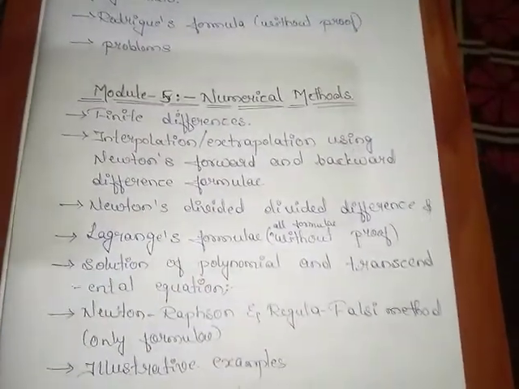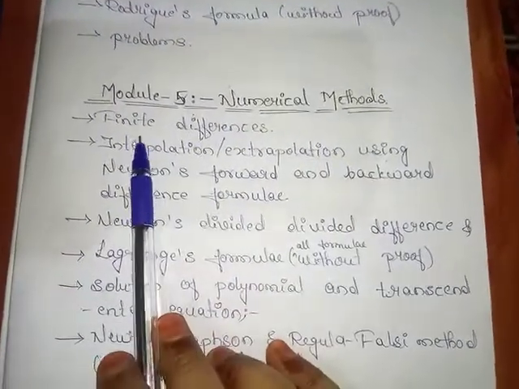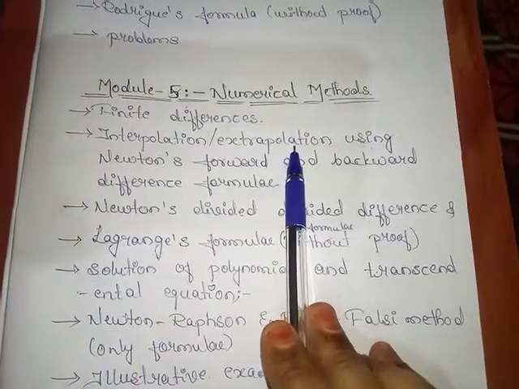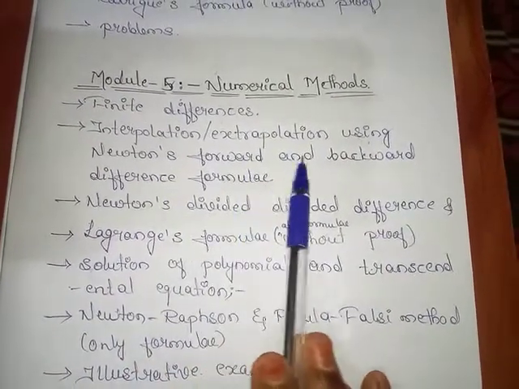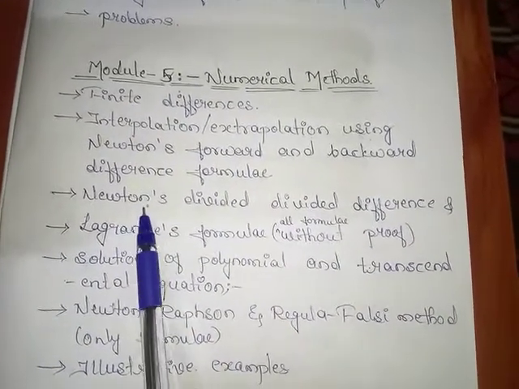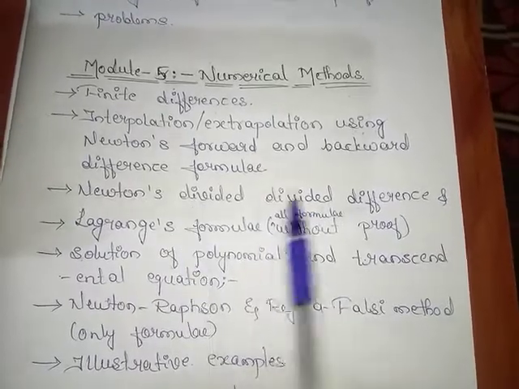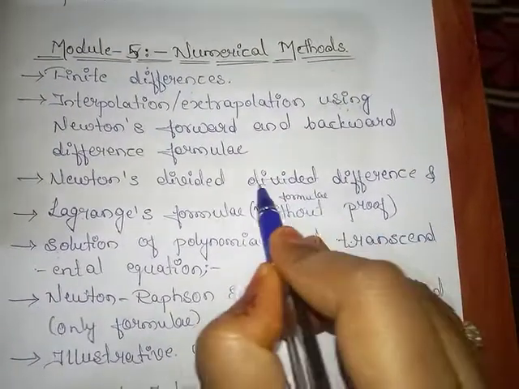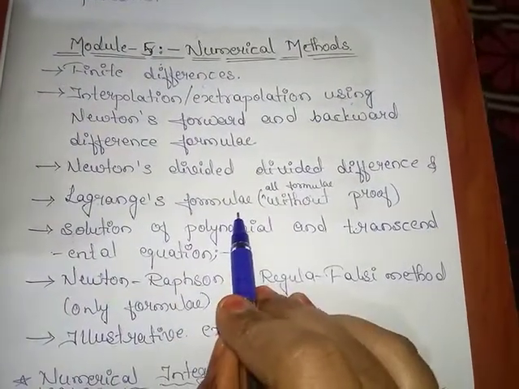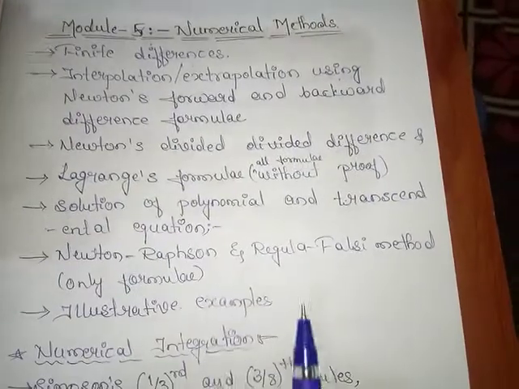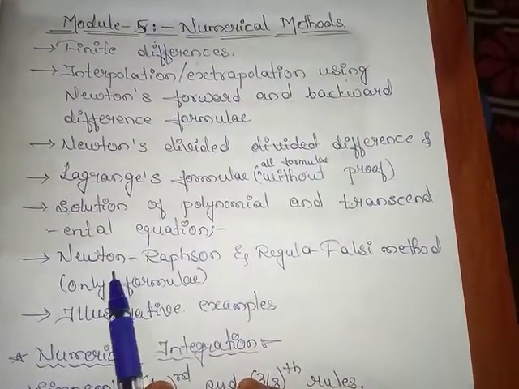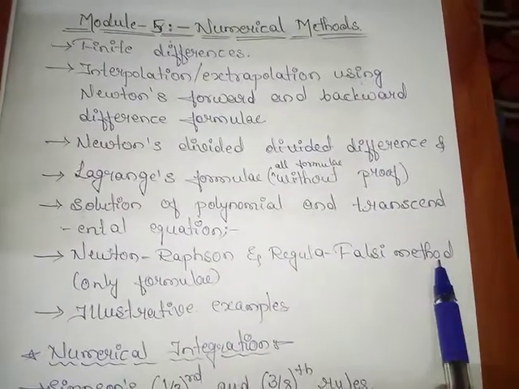Next, the fifth module, that is numerical methods. Here we have finite differences, interpolation, extrapolation using Newton's forward and backward difference formulae which are without proof, and Newton's divided difference and Lagrange's formula which are also without proof, and solution of polynomial and transcendental equations using Newton-Raphson and Regula-Falsi methods.